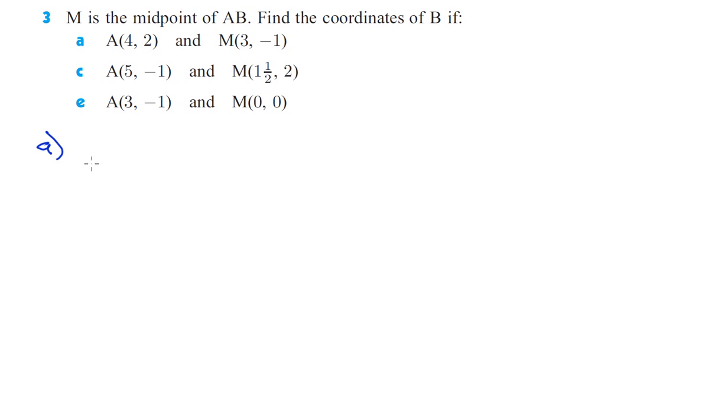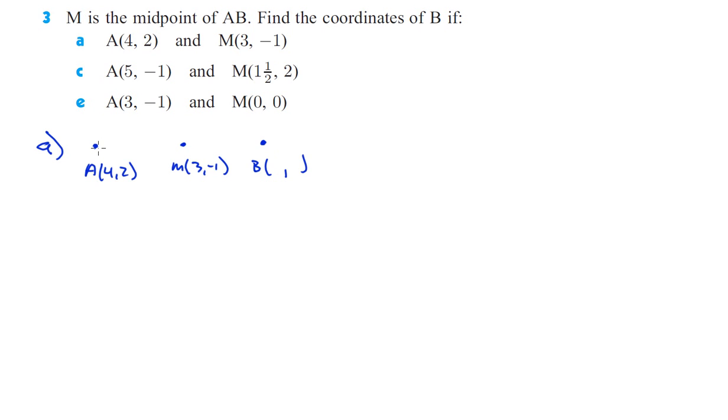I'm just going to say, okay, here's point A, and that's at 4, 2. Right? Here's the midpoint, which I'm going to call at 3, negative 1. What I'm looking for now is point B. This is what I want. This point right here, right?